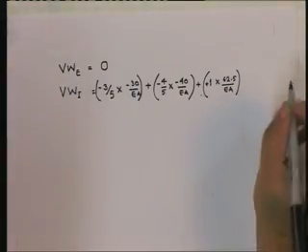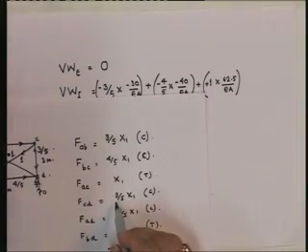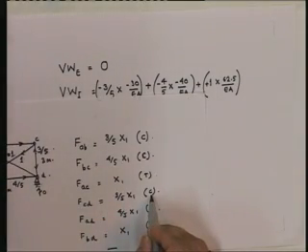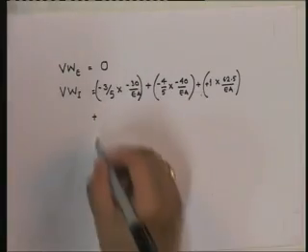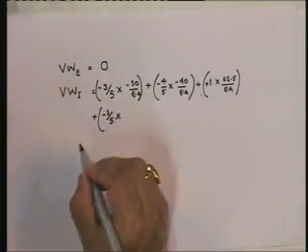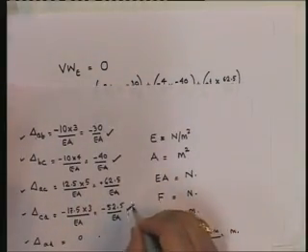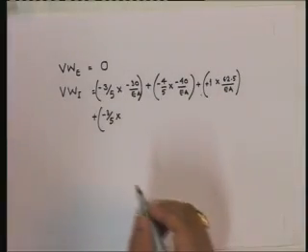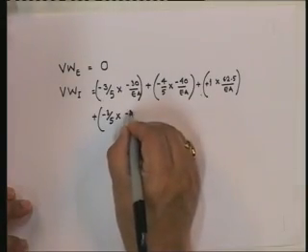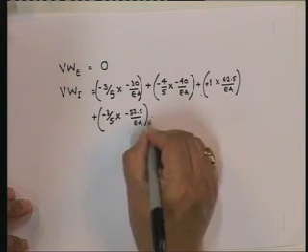Let us look at CD. Next is CD. What is the force? 3 by 5 compression. So the virtual force is minus 3 by 5. What is the real deformation in CD? The real deformation in CD is 52.5. So that is minus 52.5 upon EA.